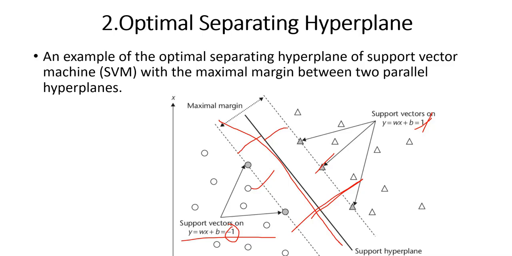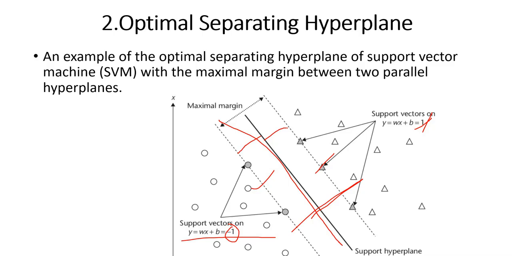Therefore, if we want to maximize the margin, we need to minimize the magnitude of the weight vector. This leads to the standard SVM optimization problem, which is to minimize 1/2 ||w||^2, subject to the appropriate classification constraints.